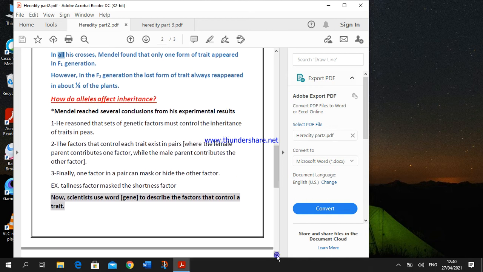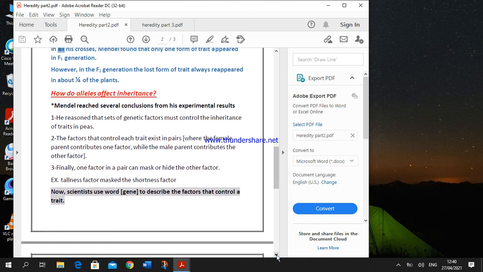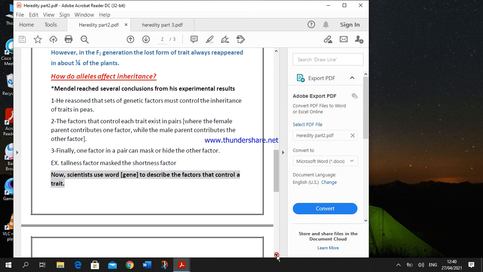Finally, one factor in a pair can mask or hide the other factor if it is strong enough. Like in the case of tallness and shortness, the tallness factor in the first generation masked the shortness factor.